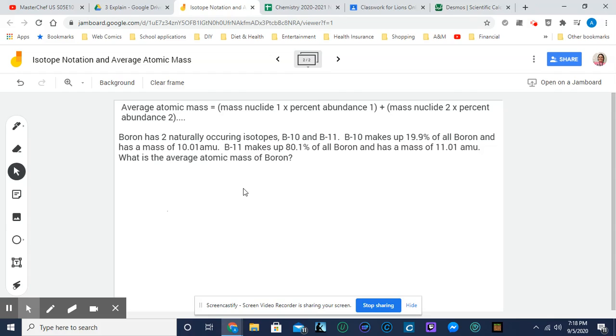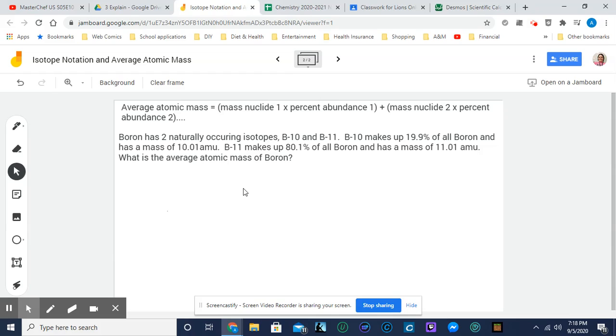Well, that's because all elements have at least one, obviously, but most elements have 2 or more naturally occurring isotopes. And so each of those isotopes are not present in equal abundance. It's not 50-50, or if there's 3, it's not 33% all around.